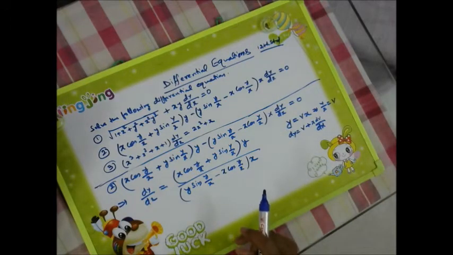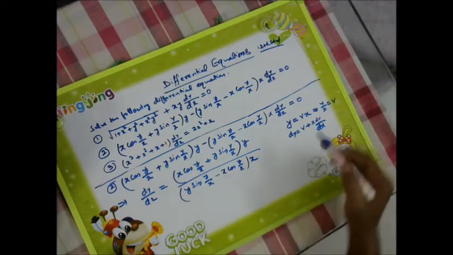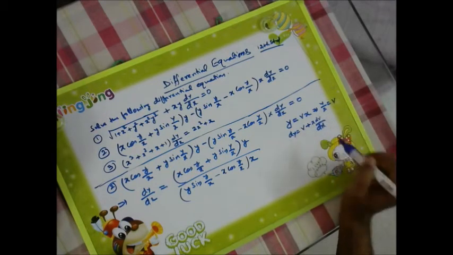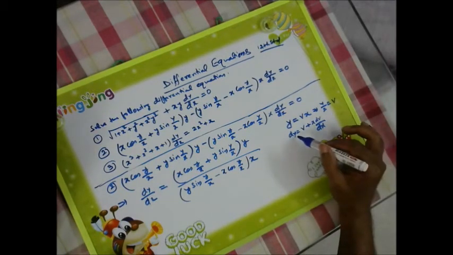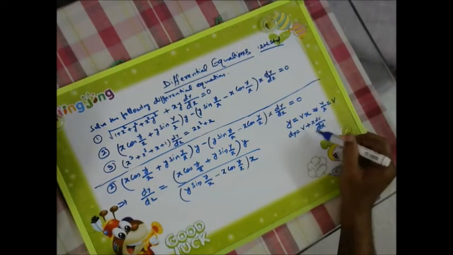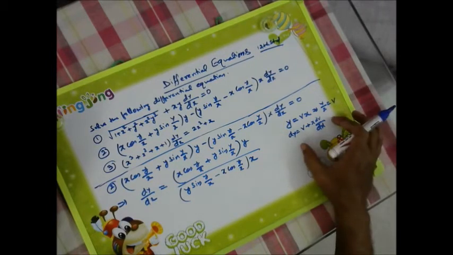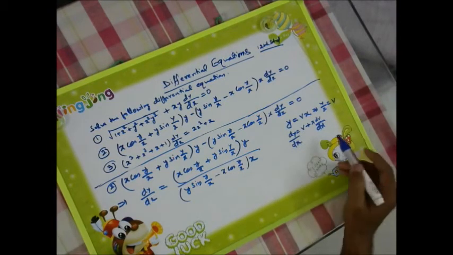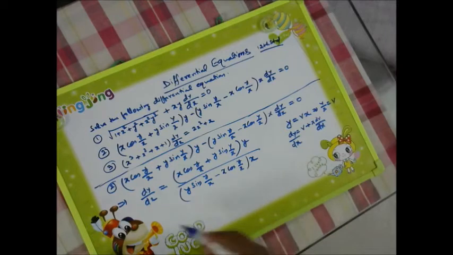It is a product of functions, so with respect to x we are going to differentiate. So v plus x dv by dx we are getting for dy by dx.